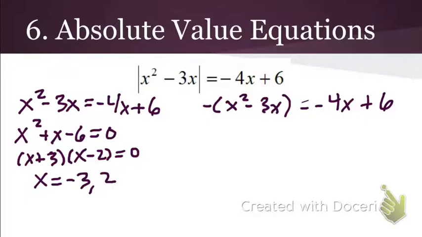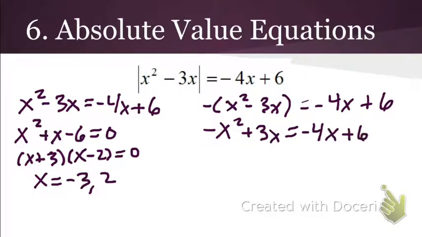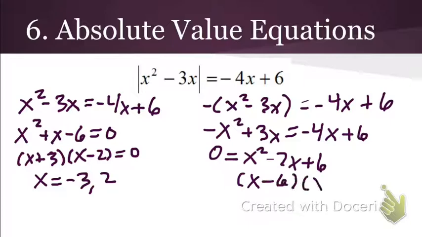And then here, if we solve this quadratic, we get negative x squared plus 3x equals negative 4x plus 6. Get everything over to the right side, and we get x squared minus 7x plus 6. And if we factor, we get x minus 6 times x minus 1. And we get two more solutions of x equals 6 or 1.